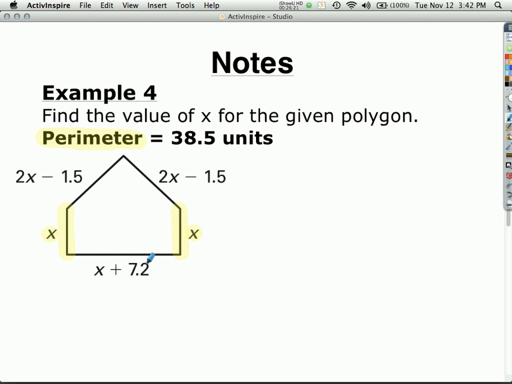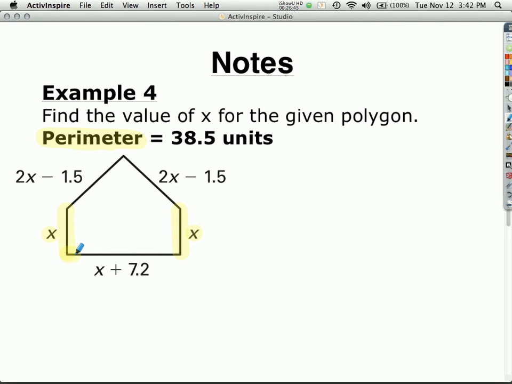What type of shape are we looking at here in this example? What is this? DeAndre? A pentagon. How many sides does a pentagon have, Cameron? 5. Are you sure? Yes, you're sure, because of course, a pentagon has 5 sides.